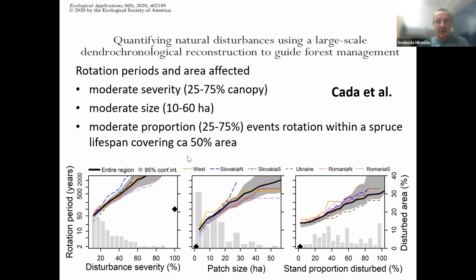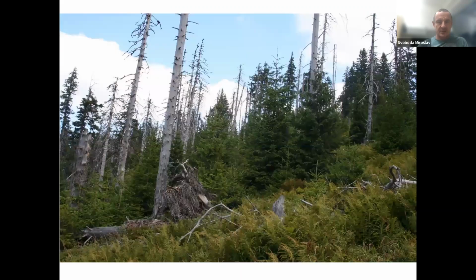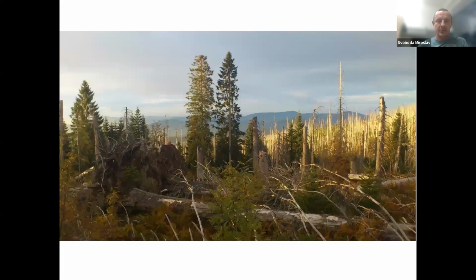Again, nothing surprising for people all over the globe. But 15 years ago, when we tried to present this in Central Europe, it was still quite important because, as I said, many foresters considered disturbances as something unnatural, not typical for our forest. So low severity, but also moderate and higher severity disturbances are typical for our mountain forest. They were there. But of course, now the question is, with the change of the disturbance regime, what will happen in the future.